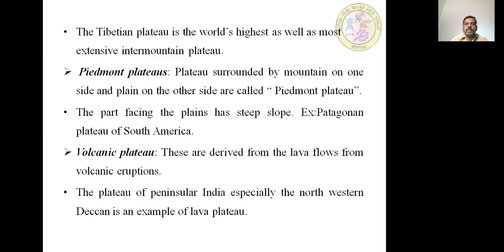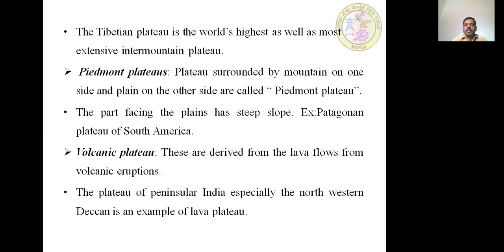The Tibetan plateau is the world's highest as well as the most extensive intermountain plateau. Next one is piedmont plateau. A plateau surrounded by mountains on one side and plain on the other side is called a piedmont plateau. The part facing the plain has a steep slope. Example, the Patagonian plateau of South America.